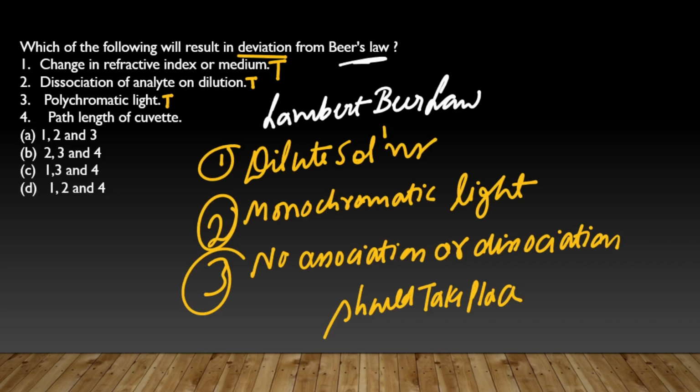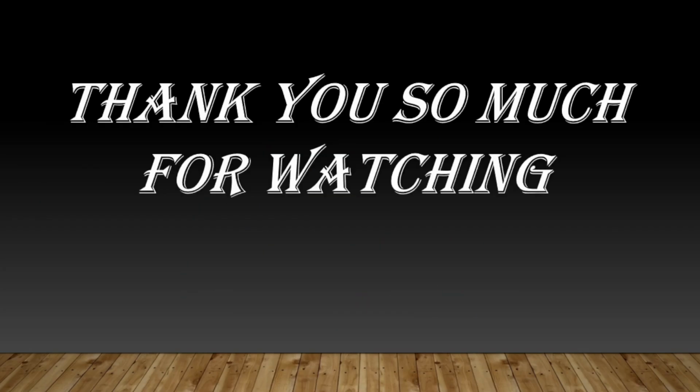Path length of the cuvette does not cause any deviation in Beer's law. So first, second, and third are responsible for causing the deviation. So the correct answer will be option D over here. This was the last question for the year 2014 December exam.